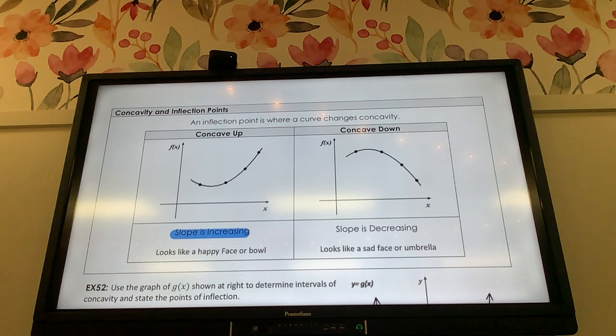What I like to say when you're talking about concave up is it looks like a happy face or a bowl. Some people like to see the bowl. I like the happy face. And then concave down, your slope is decreasing. Looking at those specific points, that's positive, negative, steeper negative, steeper negative.